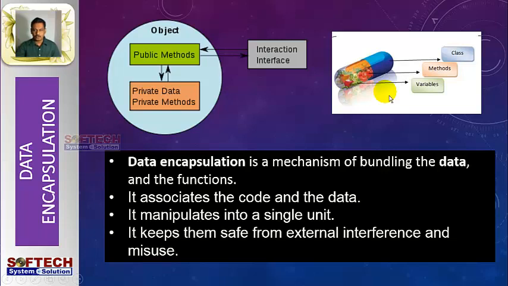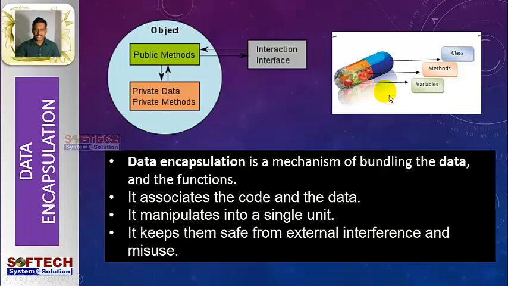If we want to make any changes to that biometrical related class, only we can change it. The user cannot change it, and the user cannot see the code and data members. So it keeps them safe from external interferences and misuse. This is data encapsulation.